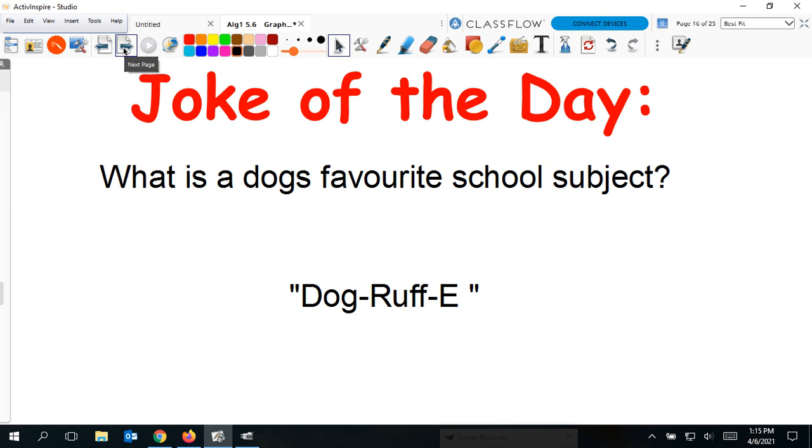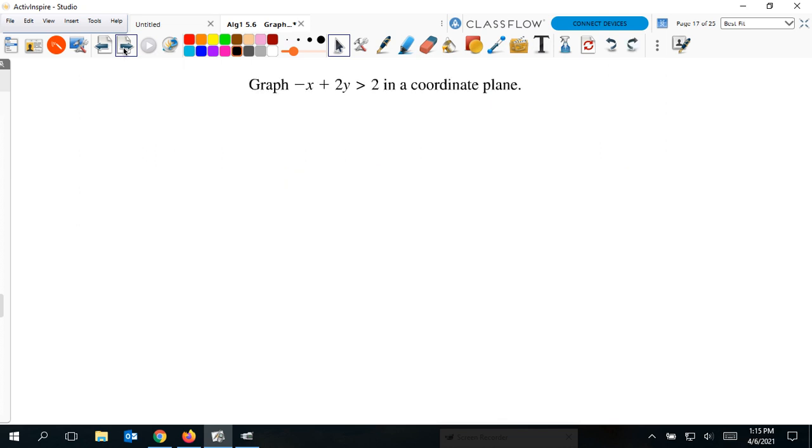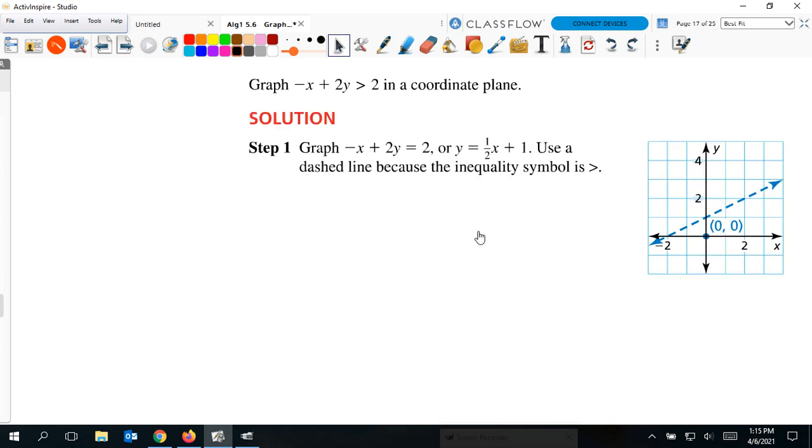All right, moving on. So here we're going to look at now graphing some of these in a coordinate plane. So here's one we're going to graph. It's not a horizontal or vertical. This is a diagonal line. So you can see how we graph the line first. It is dashed, okay? And then we're going to shade one side or the other, either above or below. So I always go according to the y.